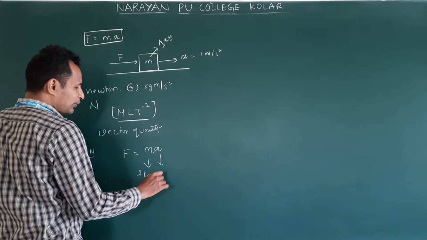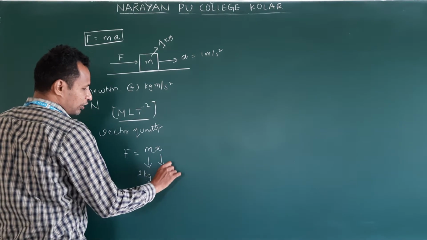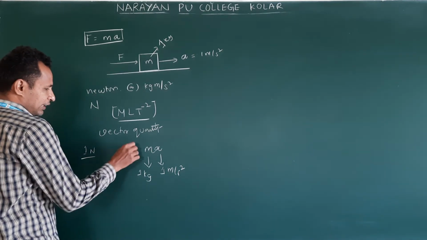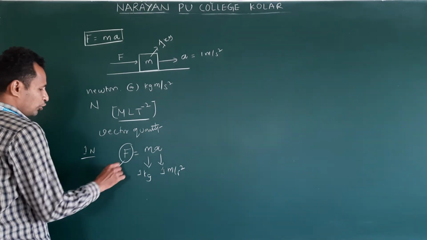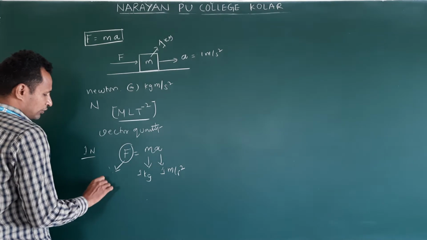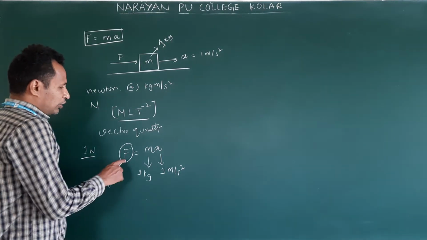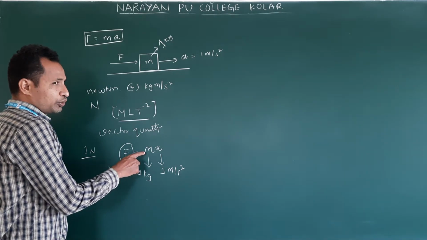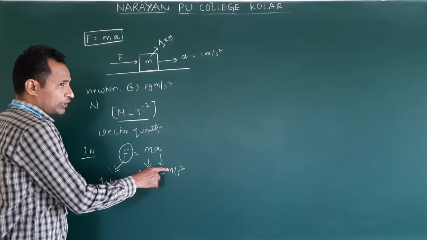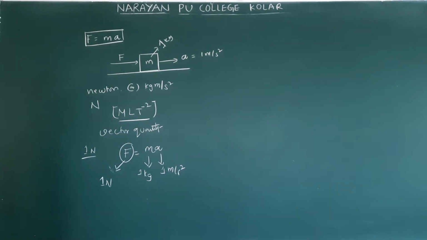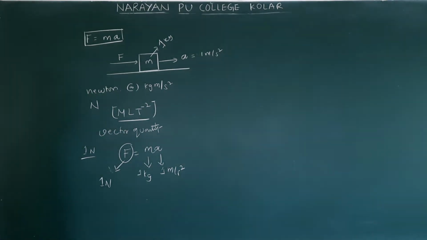So m is 1, a is 1 meter per second square. How do you define it? The amount of force which produces 1 meter per second square acceleration in a 1 kg body or object.